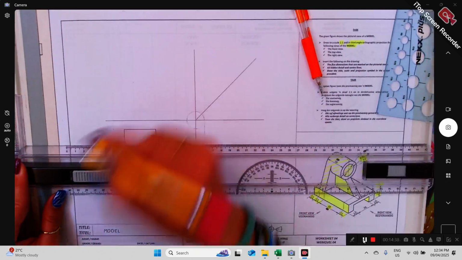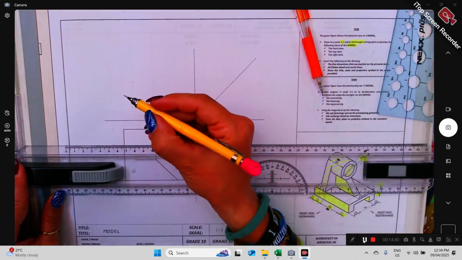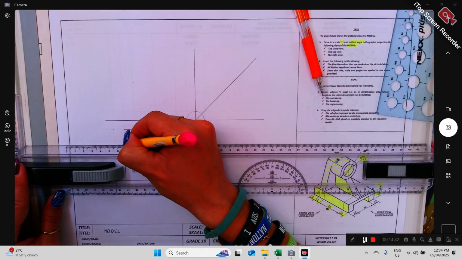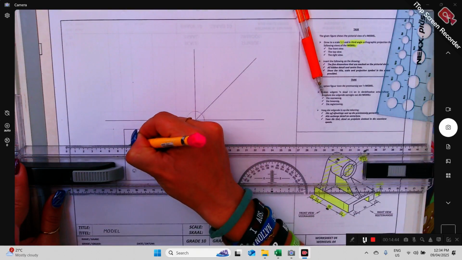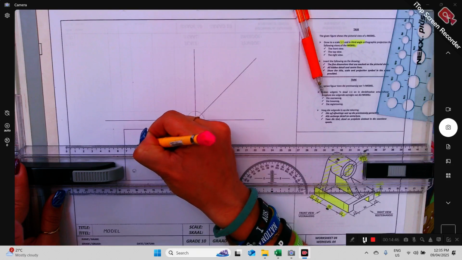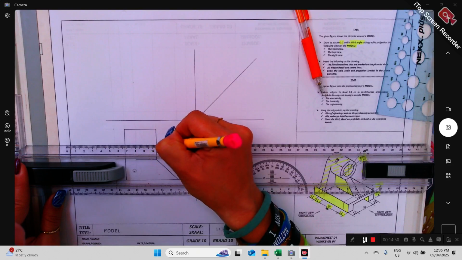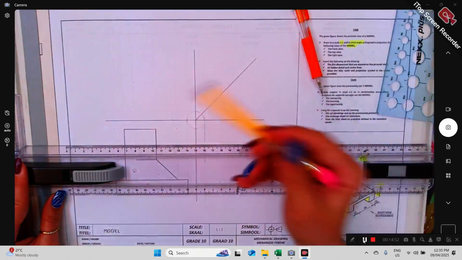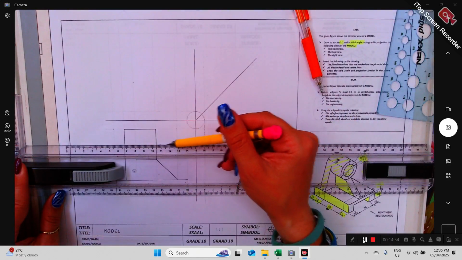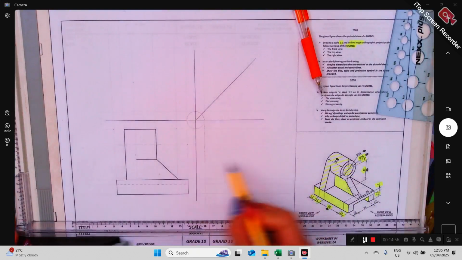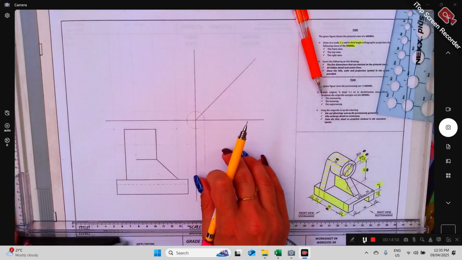We usually work on 10 millimeters, 2 millimeter space, 2 millimeter line, 10 millimeters, 2 millimeter space, 2 millimeter line, drawn as a B line. I'm not going to take it all the way through, but I will draw the construction line all the way through because I'm going to use that for my right view as well.